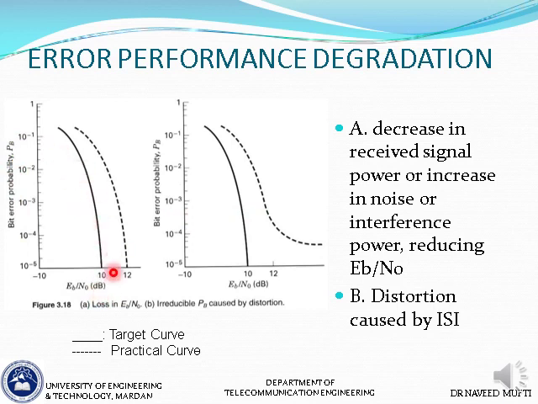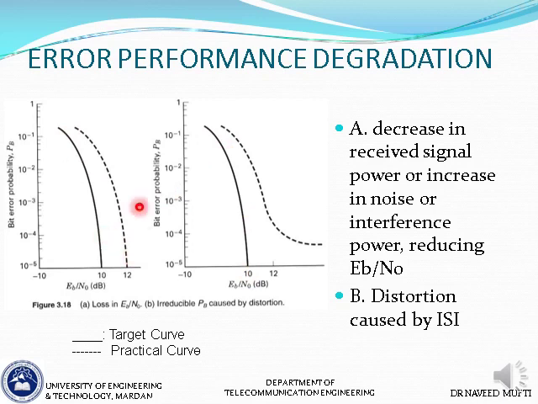So the solid line is what we expect from our communication system, that is like our target curve. And let us suppose that after the system is configured and measurements are taken, we find that the performance does not follow this expected or target curve, but in fact it follows the dashed line.